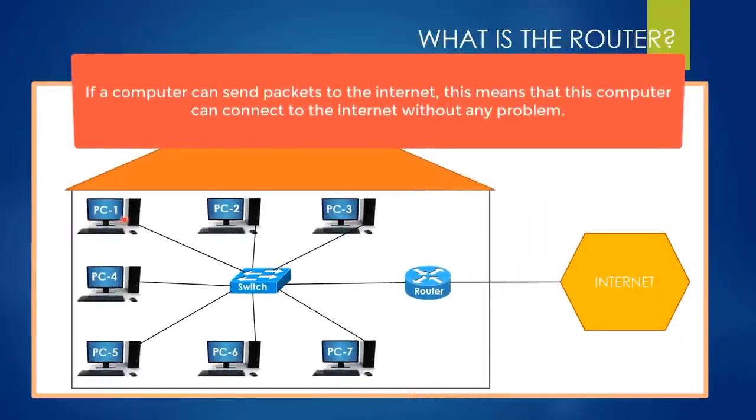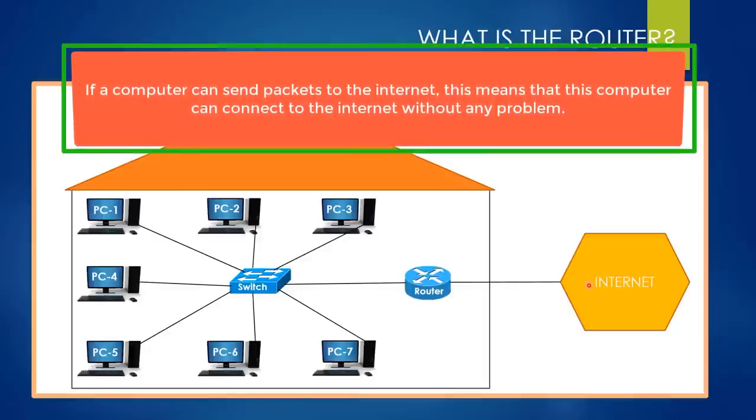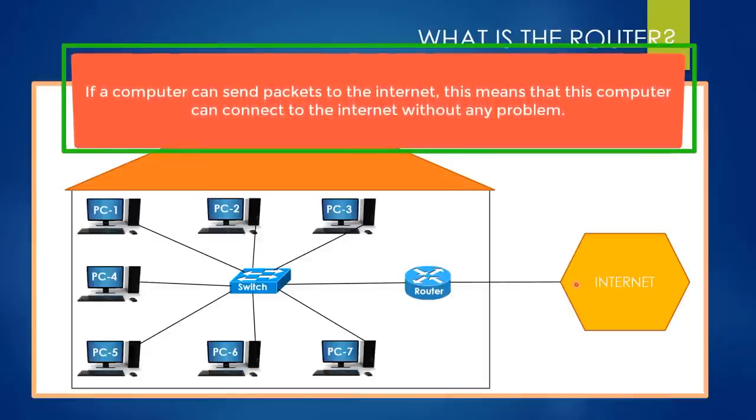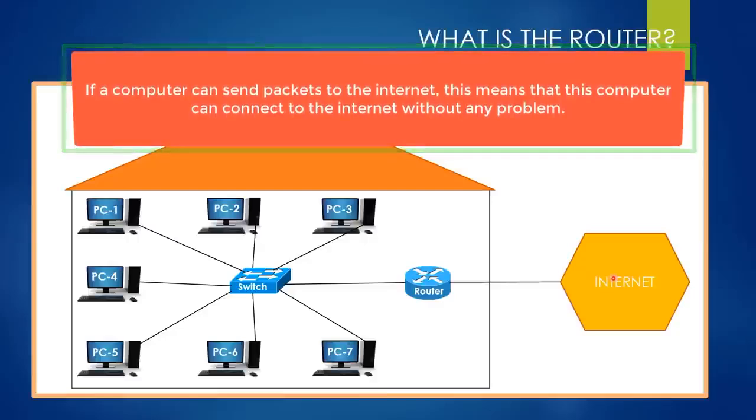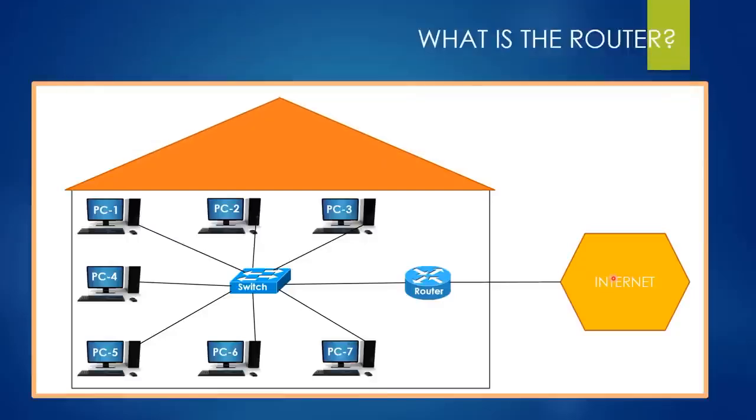If a computer can send packets to the internet, this means that this computer communicates with the internet. Frankly speaking, I believe that you understand the logic of this event by now. If we can send packets from one point to another point, these 2 points can communicate. It's that simple. But the question is, how will PC1 send packets to the internet?